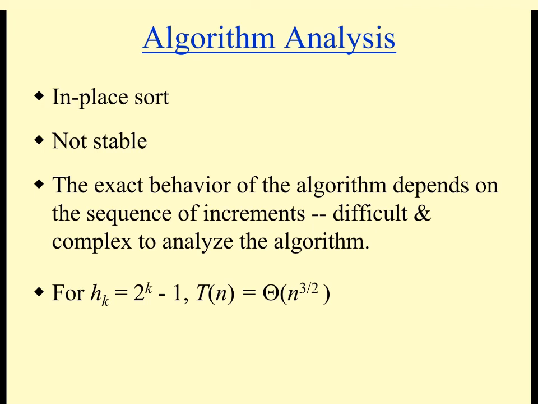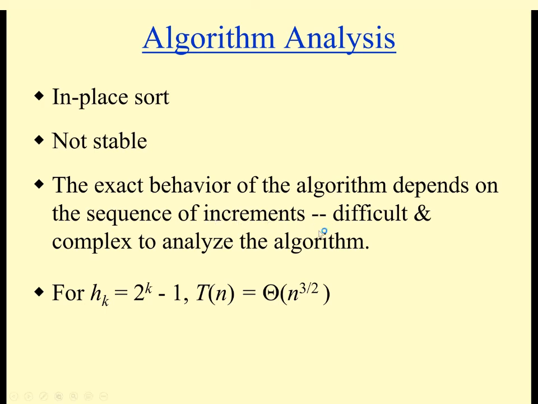Here we conclude like this, because you can choose different subsequences to sample the original sequence. So the complexity analysis will be very complicated because it depends on the sequence of increments. So that means, for example, you choose 1, 4, 7, or you choose 1, 3, 6, and you will get different results.